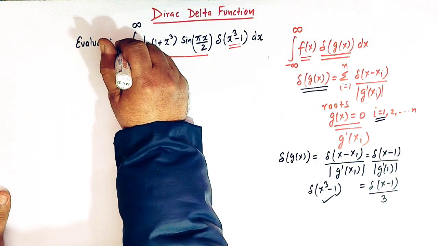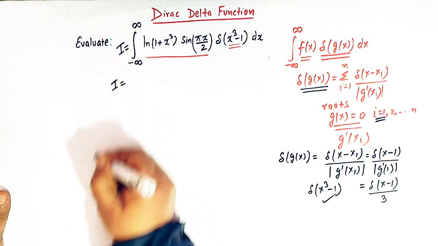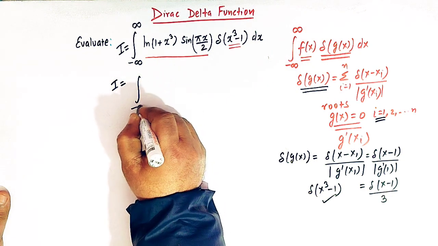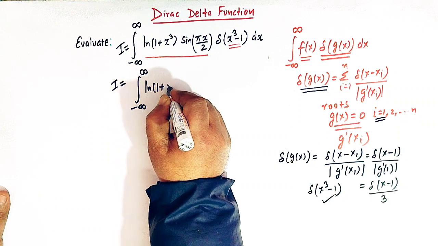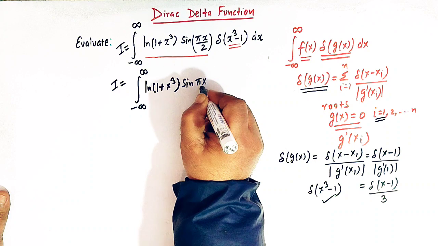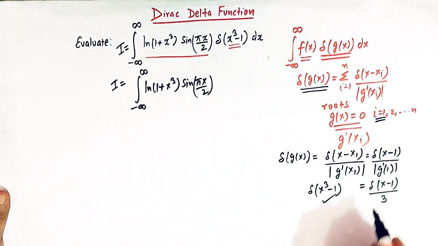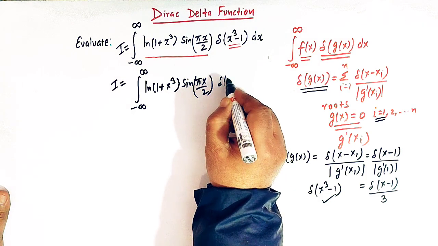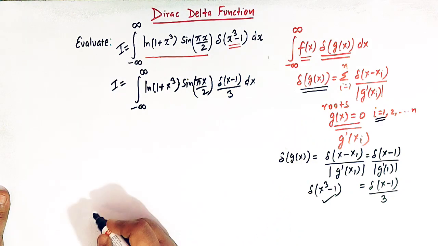So now let us take this integral as I. So we have I is equal to the integral from minus infinity to infinity of log of 1 plus x cube, and here we have sine of pi x over 2, and delta of x cube minus 1 is delta of x minus 1 over 3, and here we have dx, right?